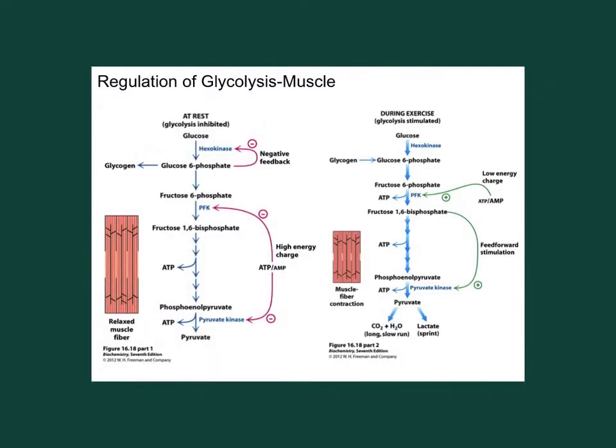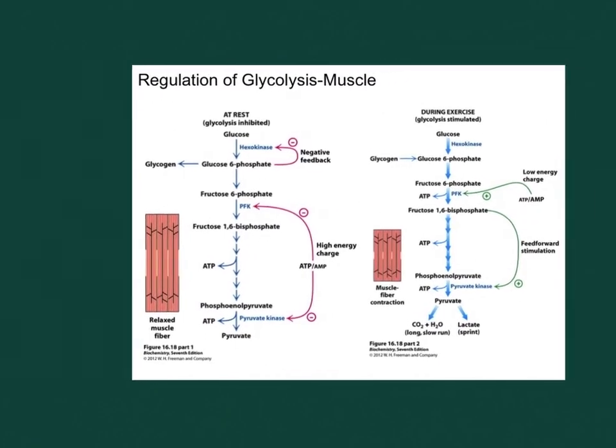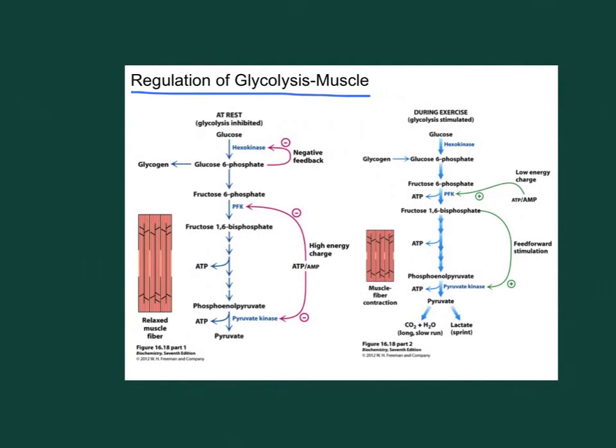Alright, so this figure is summarizing the regulation of glycolysis in muscle. On the left, we can see where we have inhibition. We started out by looking at PFK, and we can see that PFK is inhibited when we have a high ATP to AMP ratio.